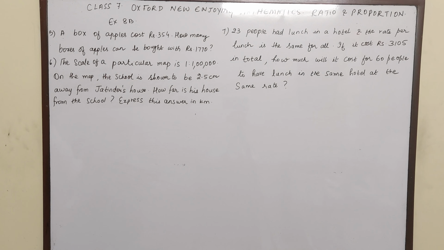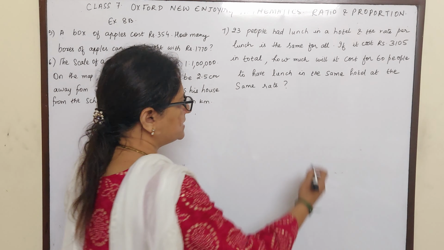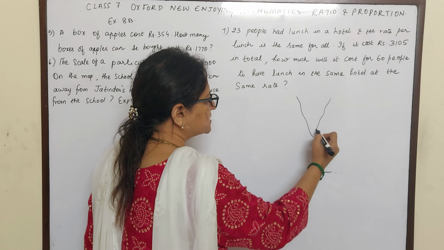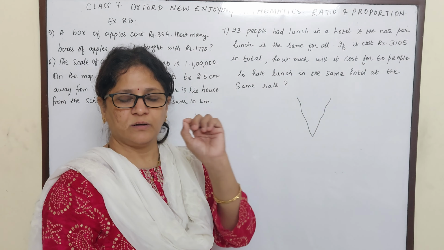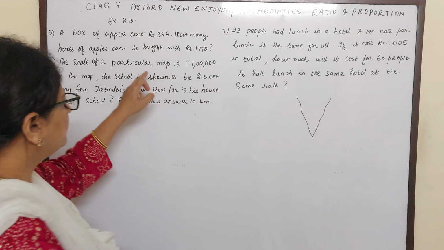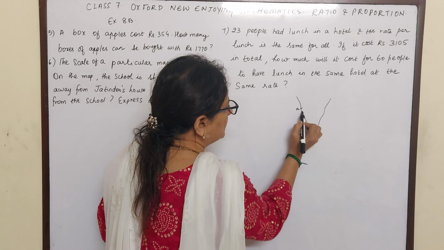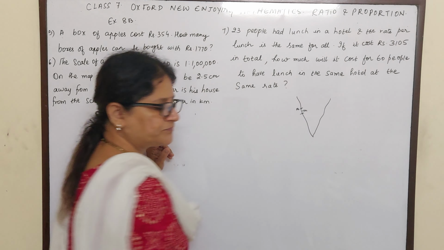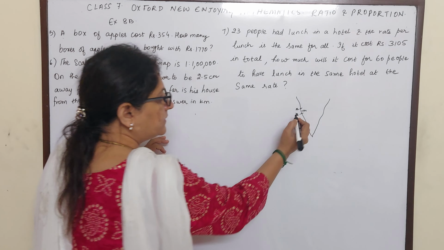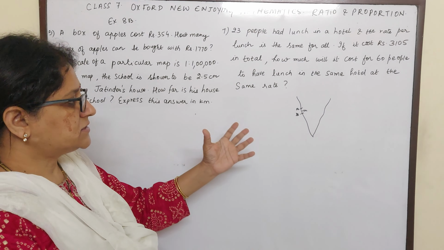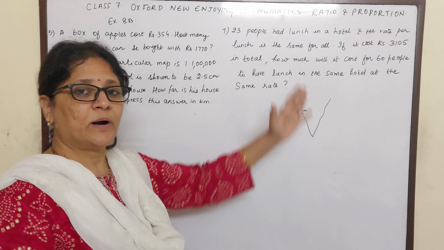First, let us understand the meaning of this question, children. See, in a map, long distances are shown by a small unit, right? Suppose this is A and this is B. A to B is 1 centimeter on the map, but in actual, it will be 1 lakh centimeter.